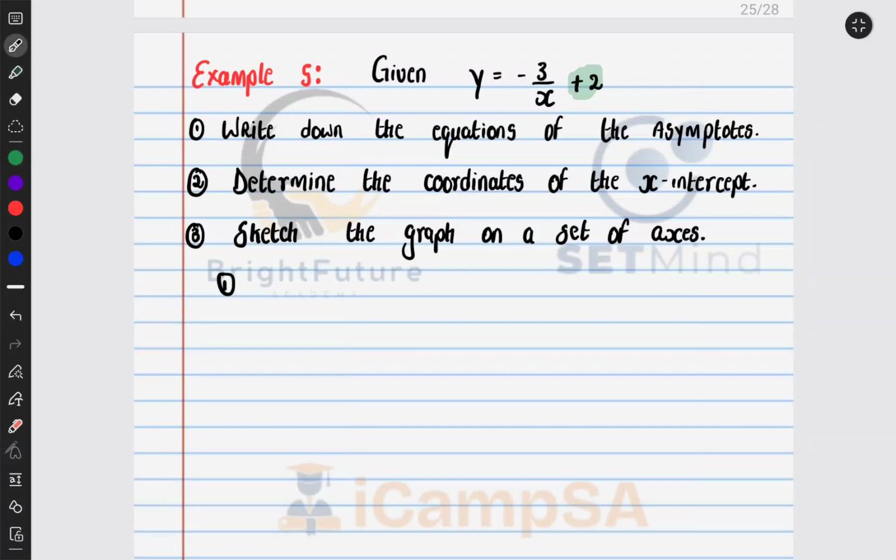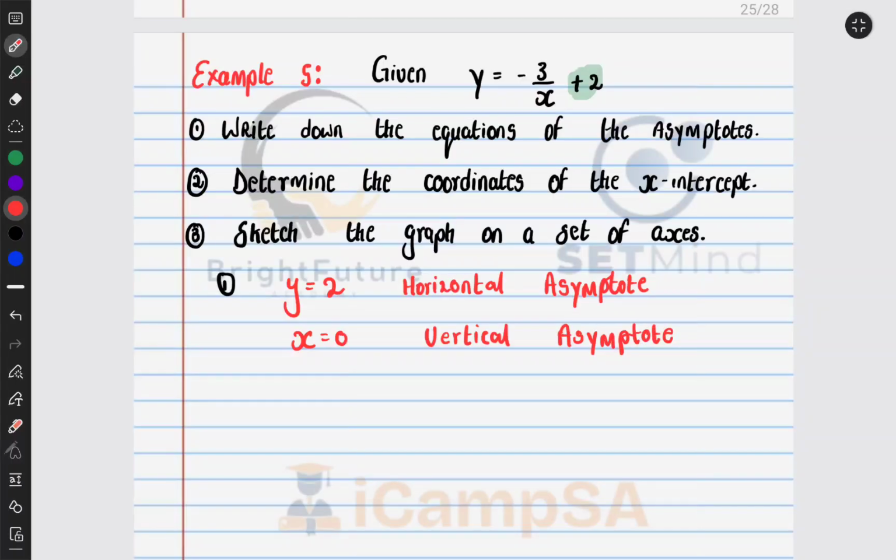It's y is equal to 2. That is your horizontal asymptote. And then we have x is equal to 0 for the vertical asymptote.